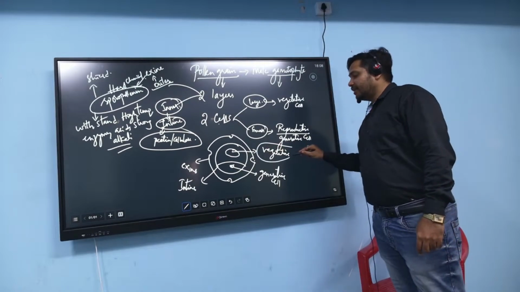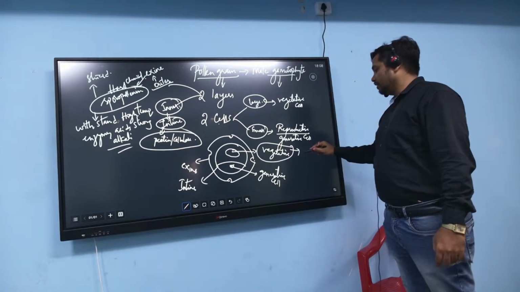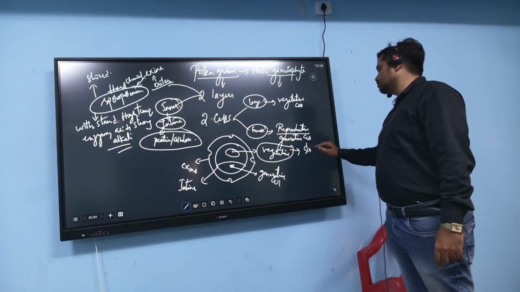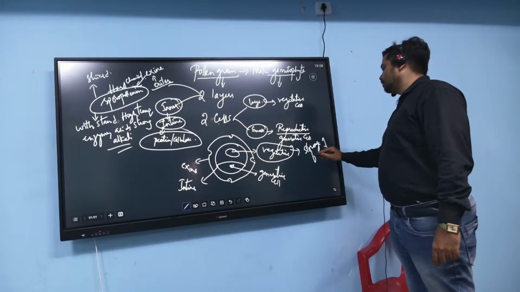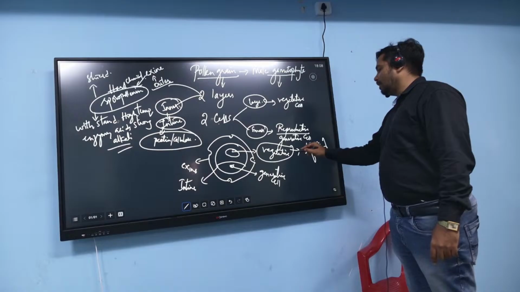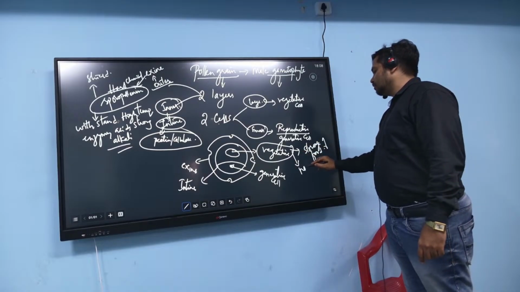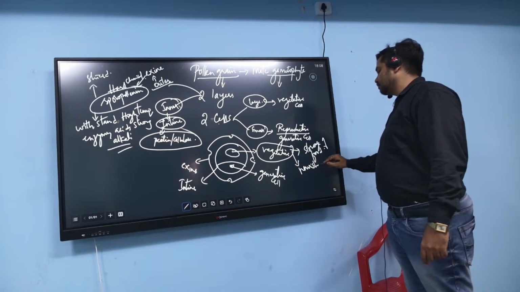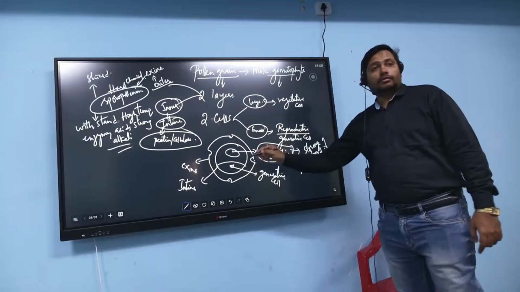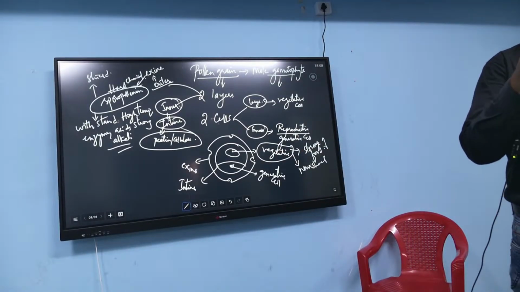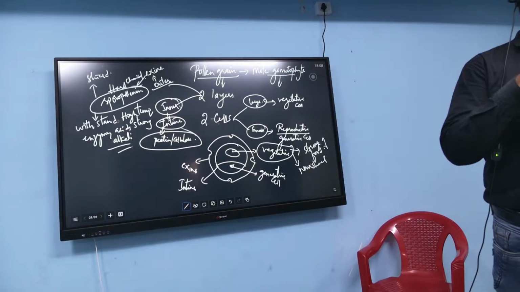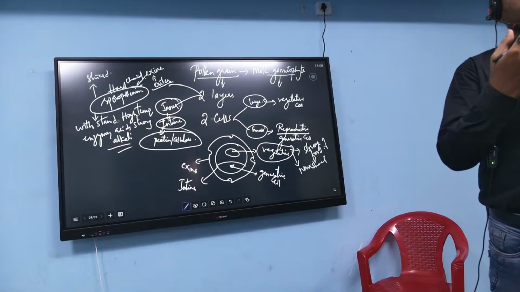See, the vegetative cell is mainly responsible for storage of food and providing nourishment to the generative cell. Because it is large, food is stored. I told you, a vacuole is present. What is the function of the vacuole? Storage.